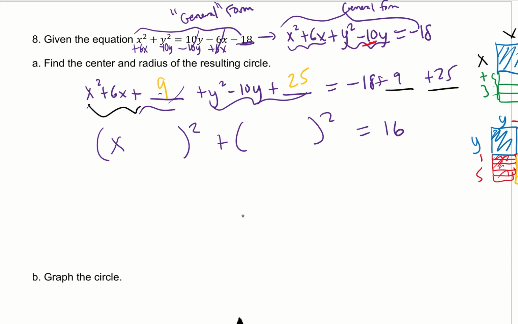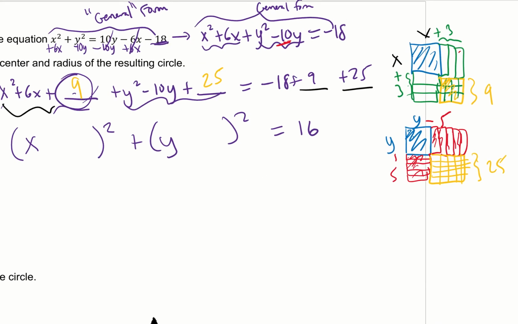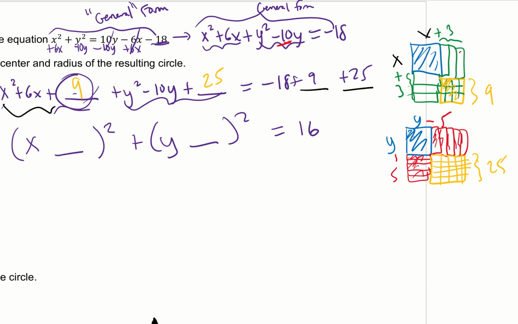Same thing here, from a trinomial to a binomial, y plus something. So I have to figure out what this number is here and here. Well, use the area model. We have x plus 3 and x plus 3, and therefore it has to be x plus 3 squared. And here we got y minus 5, so it's y minus 5 squared.